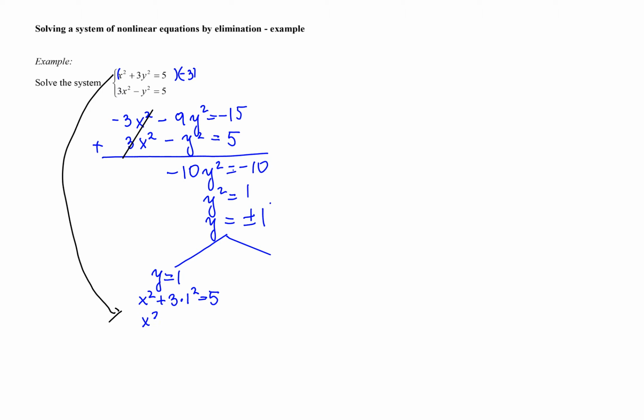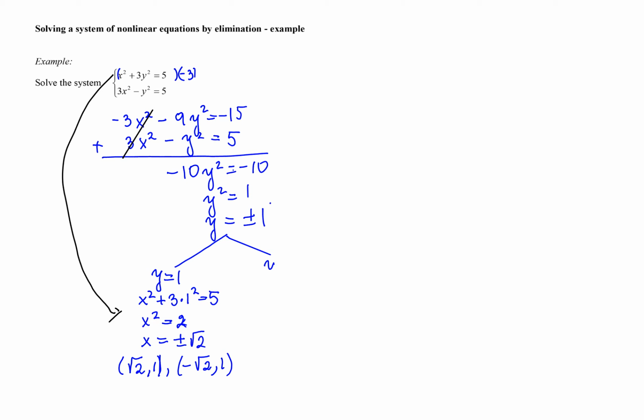So that means that x squared is going to be 2. Solving this equation gives us plus or minus square root of 2. And therefore the solutions that correspond to y equal 1 are square root of 2 and 1, and the second pair is negative square root of 2 and 1.